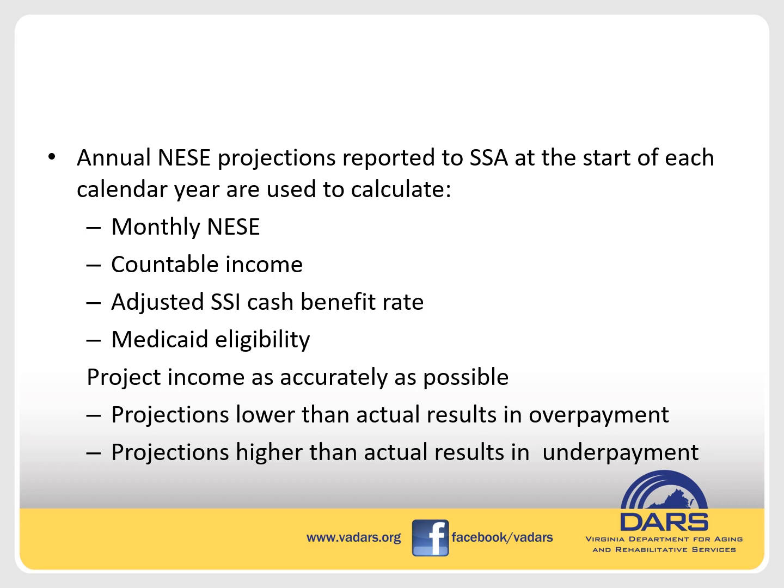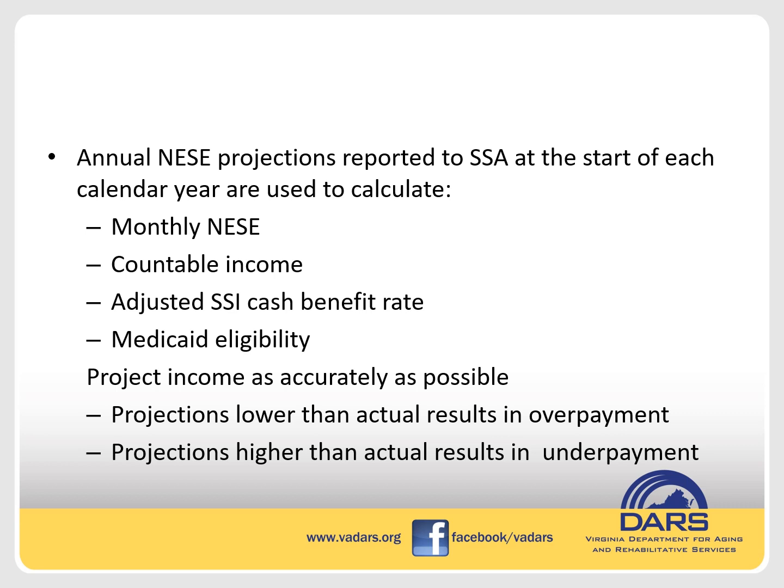The good news is that if projections are higher than a client actually makes in profits at the end of the year, they might actually have an underpayment where Social Security owes them money, okay? Because the profits that Social Security used to calculate the monthly SSI were actually higher than what the client actually earned at the end of the year.